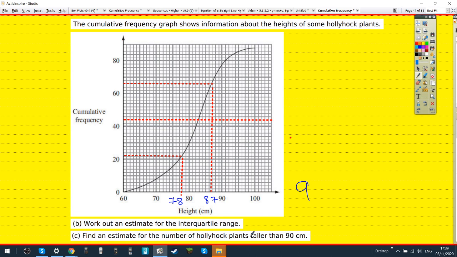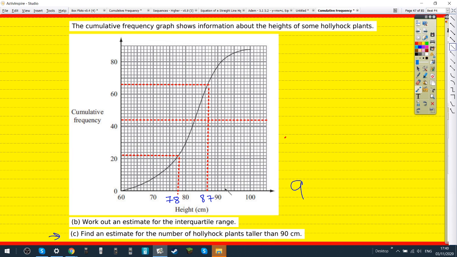How about question C? Find an estimate for the number of plants taller than 90 centimeters. So 90 at the bottom. Go up.